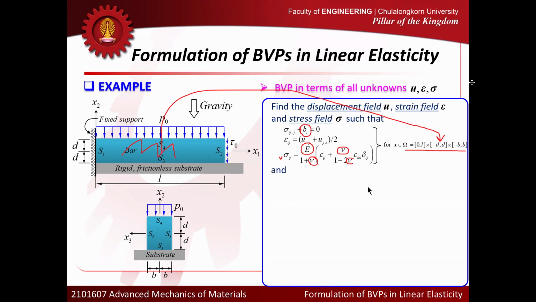I need to satisfy the boundary conditions as well. In the formulation, you have to provide the boundary conditions. Okay. If you take a look at the surface S1, on the surface S1, we know the displacement field. So the boundary condition takes this particular form, right? We know U1, U2, and U3. So I set U1, U2, and U3 equal to 0 because this one is U0. Don't be confused here.